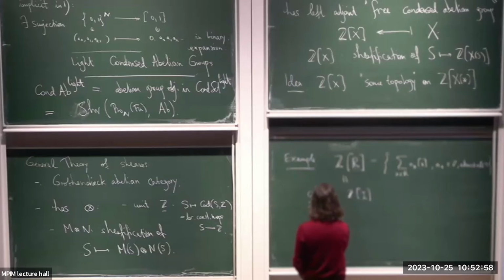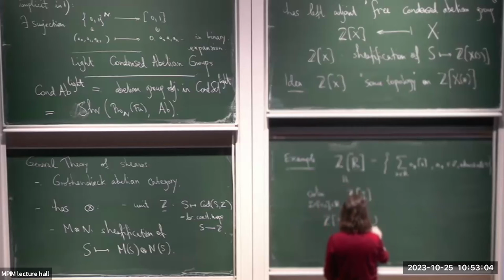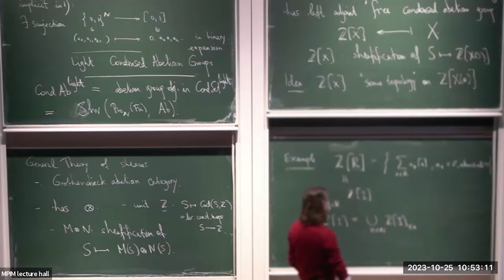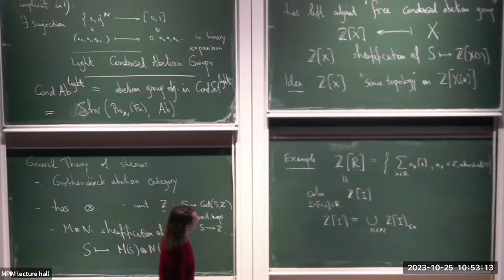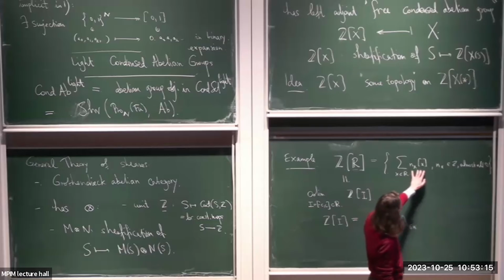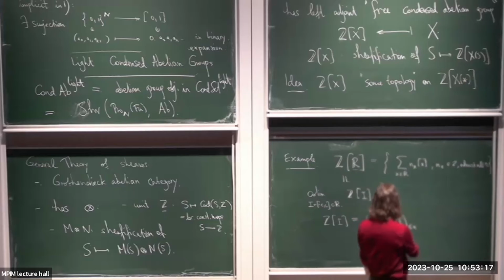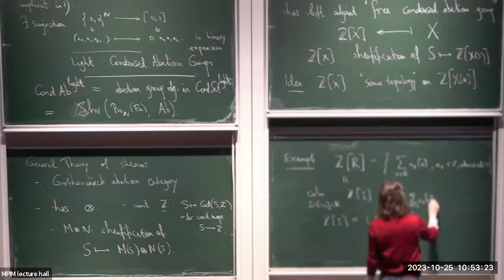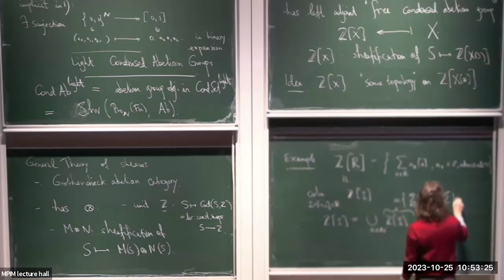And the free guy on I itself can be written as a rising union over all integers n of subsets where you are only allowing a signed sum of at most n elements. So these are sums of n_x times x, where the sum of the absolute values of the n_x is at most n.